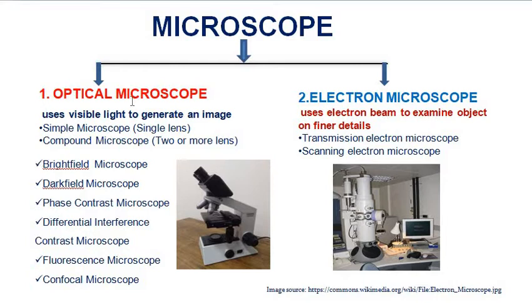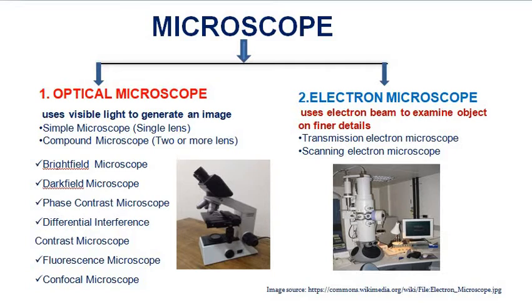In addition to the optical microscope, the second microscope is the electron microscope. It is the advanced microscope which uses an electron beam to examine objects in finer detail. The electron microscope enables us to view the ultrastructure of organisms or cells.